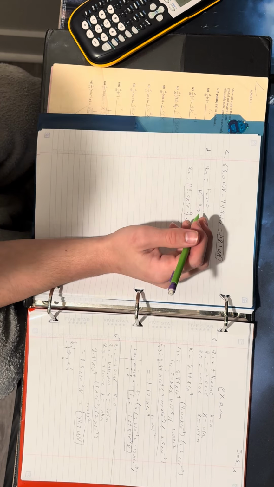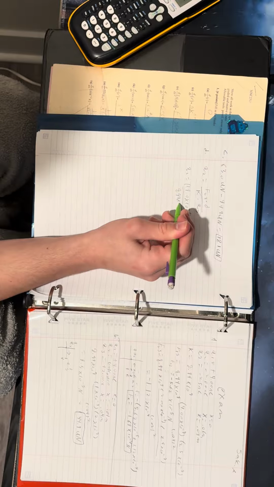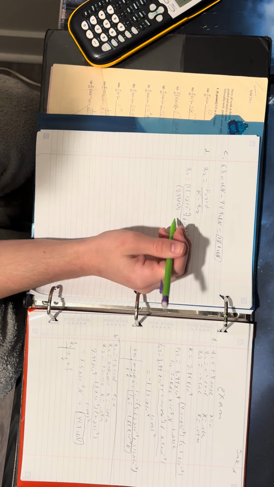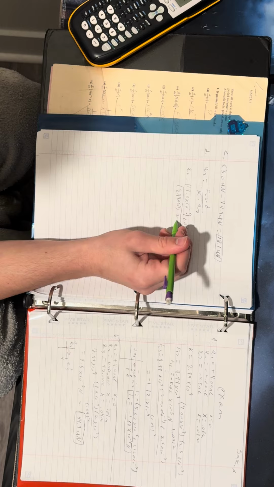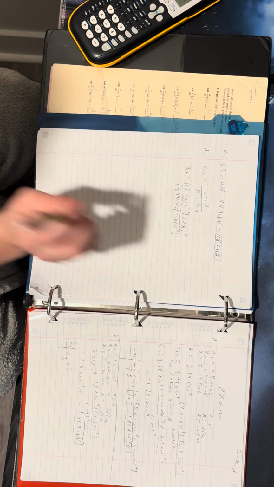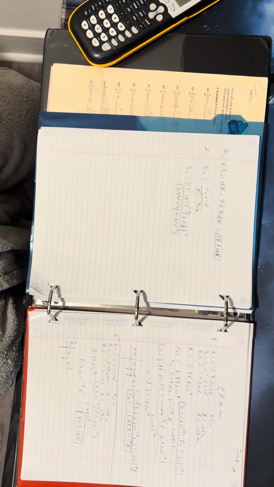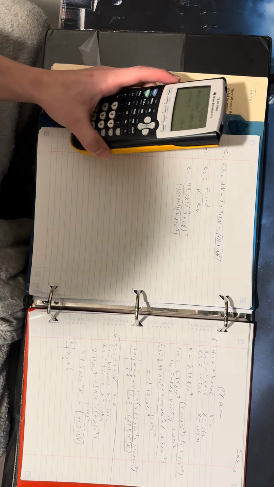And then we have 8.99 times 10 to the 9th, and then our charge of Q3, which is 2 times 10 to the negative 9th. Just got to put all that in the calculator now.